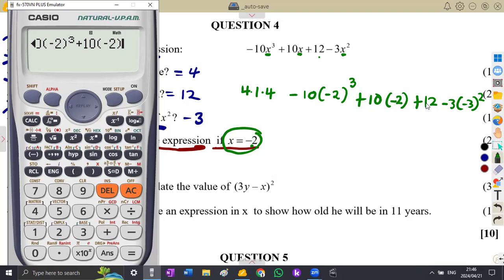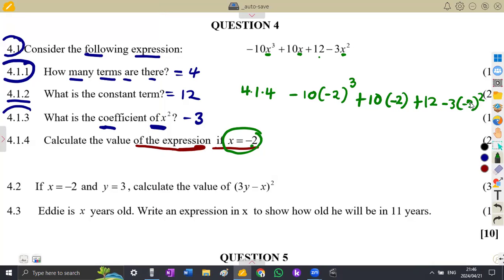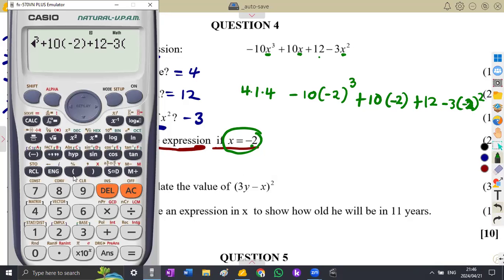Plus 12. Minus 3 times, so this is minus 3 times (minus 2) squared. All right, guys, where am I getting the minus 2? This is minus 3, so you substitute a minus 2 there, to the exponent of 2, like this.